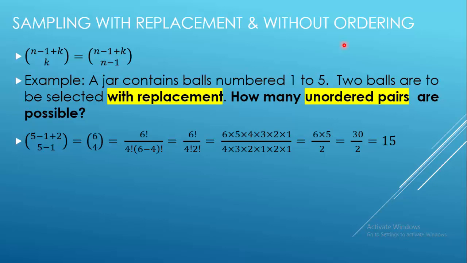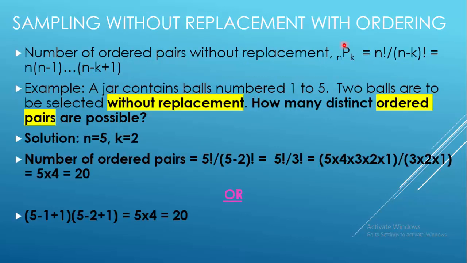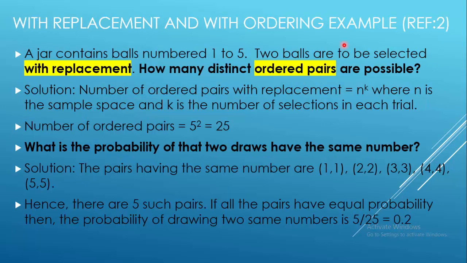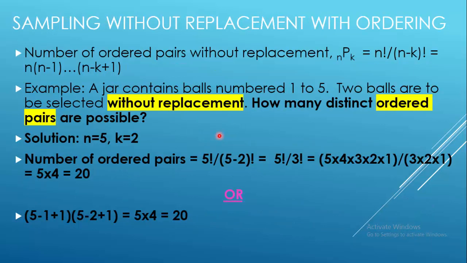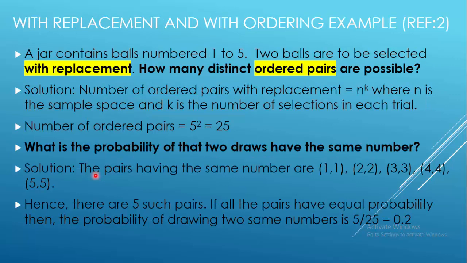So what is the conclusion? Conclusion is that when you have got replacement and ordering both, then you have got the maximum number of possible pairs. But if you have got without replacement but ordering is important, in that case you get 20 pairs, which is a bit less than the replacement with ordering.